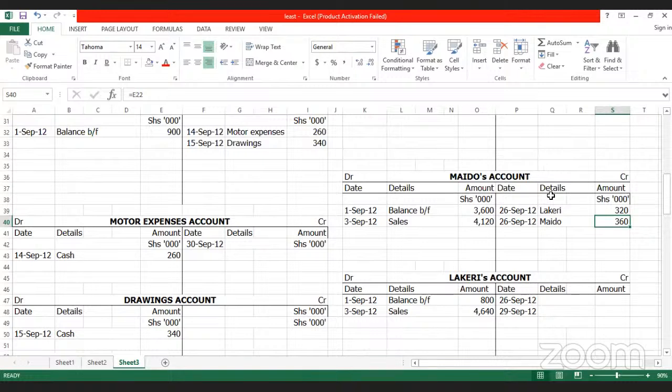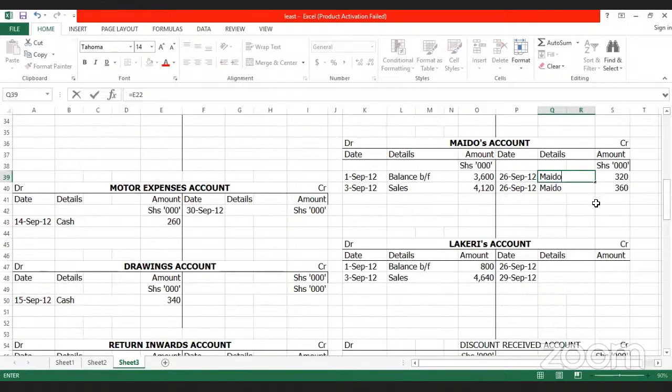Sorry, I think I'm entering this in one account. So you've entered Lakeri's transaction in Maido's account. Yes, let me try to correct that. Thank you.